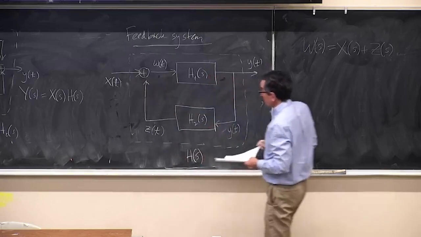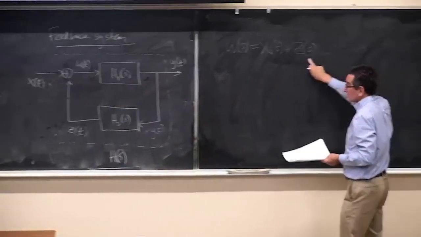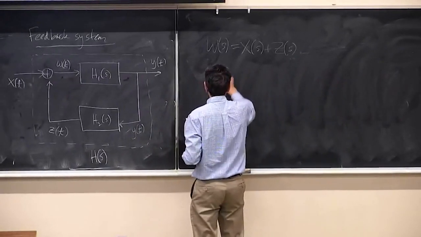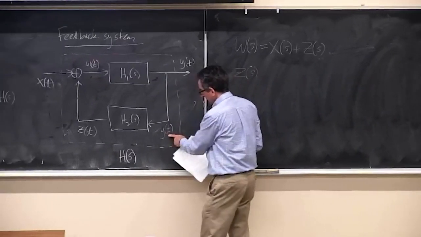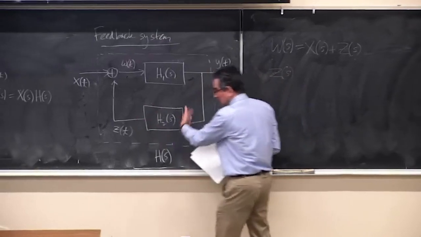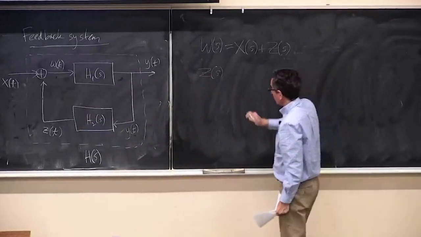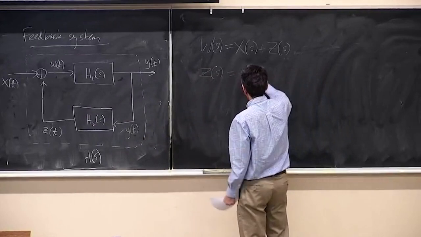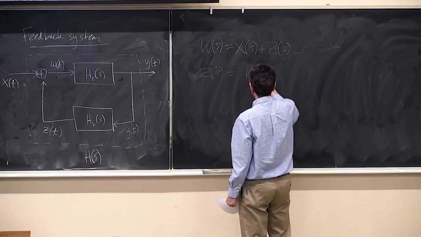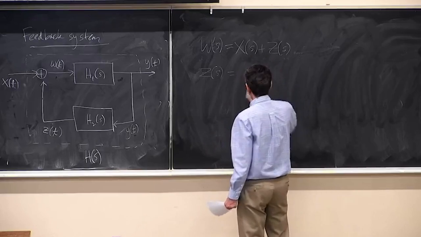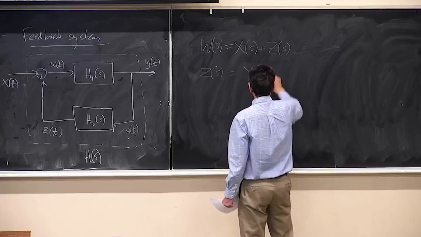And so W(s) is going to be X(s) plus Z(s). What's Z(s)? Well, Z(s), we said, is what you get when you feed the output back through this second system. So using the convolution property, it's going to be Y(s) times H2(s).